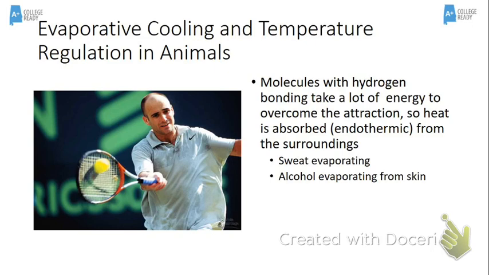That absorption of energy allows you to feel coolness because the water is literally taking the heat, and taking that heat away provides enough energy to overcome those forces of attraction between those water molecules. As they evaporate away, they take heat with them in order to become a gas.